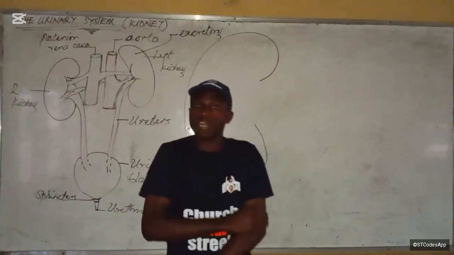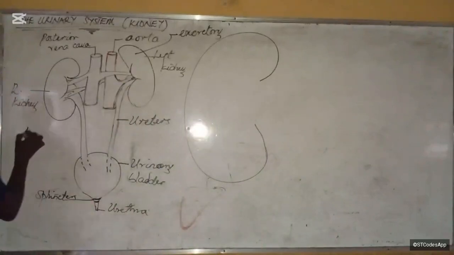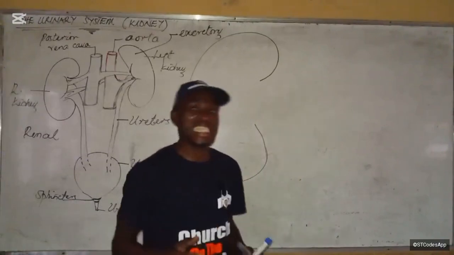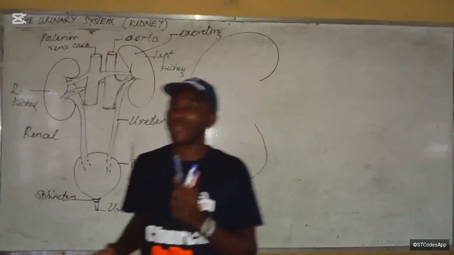From the renal arteries. So keep in mind that anytime you hear the word renal, it refers to anything that is associated with the kidney. And anytime you hear the word hepatic, it refers to anything associated with the liver.